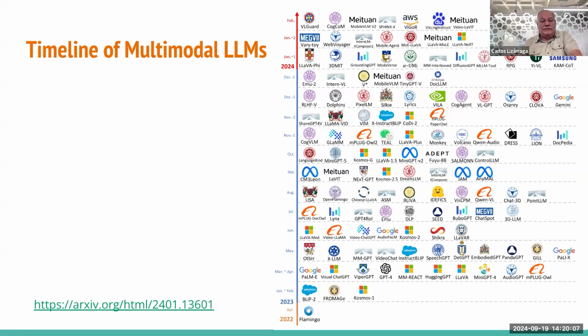And if you try to follow what's new on the horizon, this is how the multimodal large language models have evolved in the last 2 years. So every day you will find a new model that has different characteristics, and you will see that there are not many companies who create these multimodal large language models.